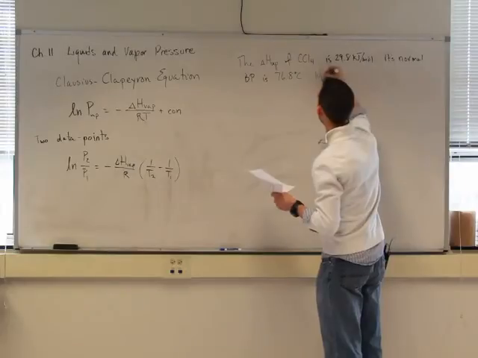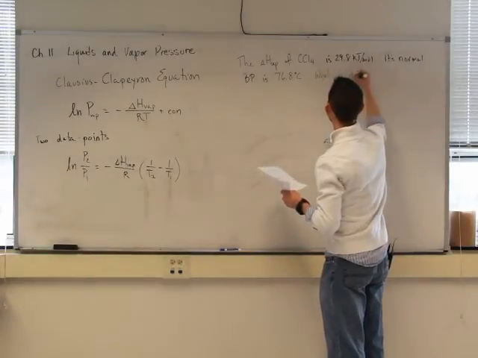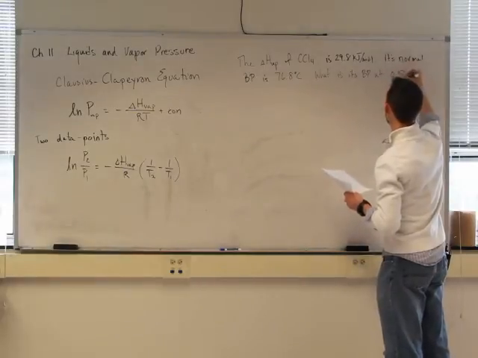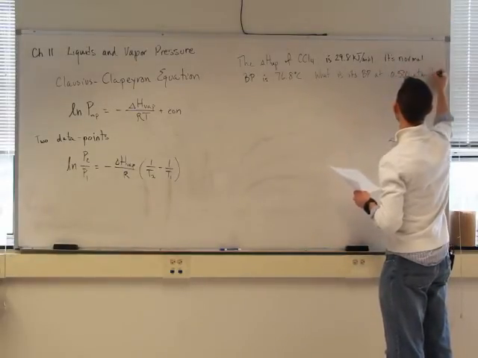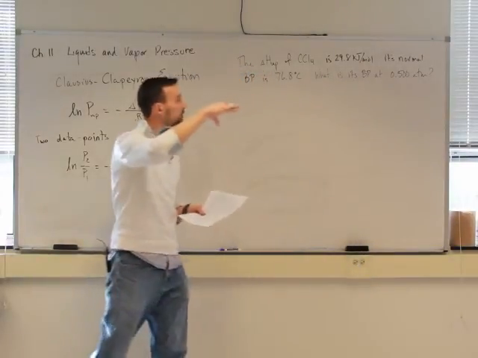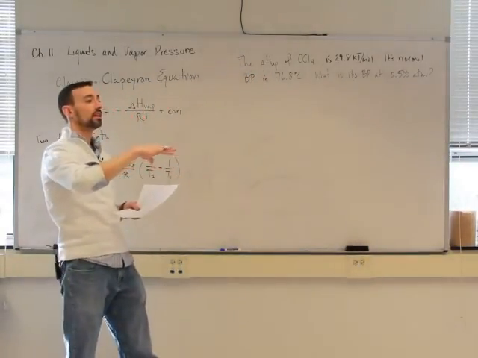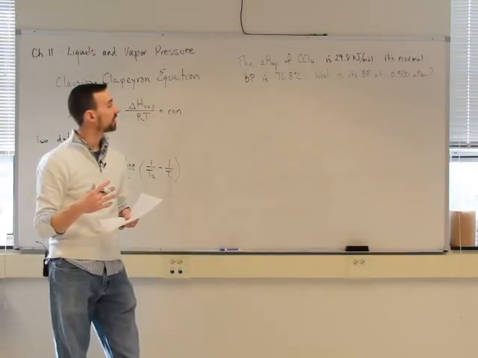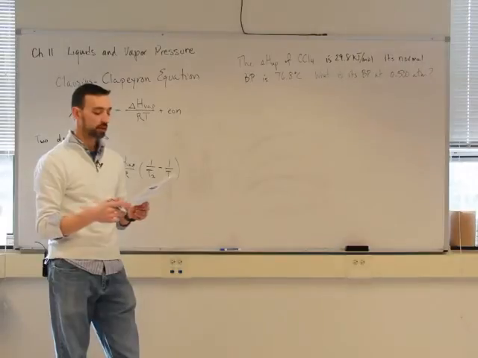Okay? What is its boiling point at 0.5 atmospheres? So if we decrease the atmospheric pressure on a sample of carbon tetrachloride to half an atmosphere, what temperature will allow it to boil is the question that we're after here.